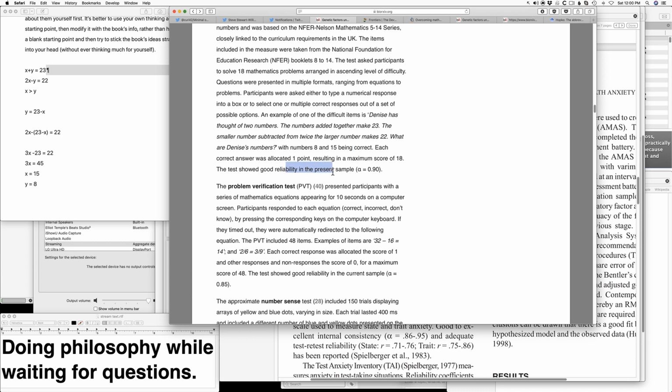Good reliability in the present sample? What does that mean? They just made up another term, and they're not explaining what it means.